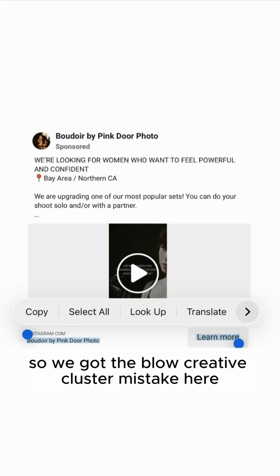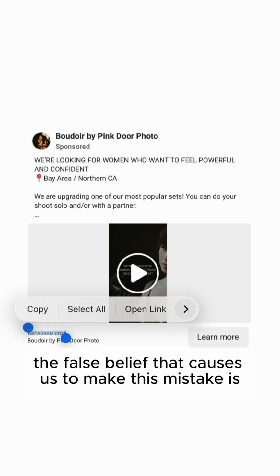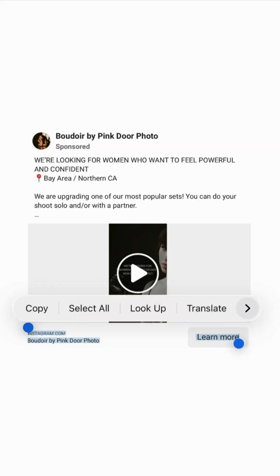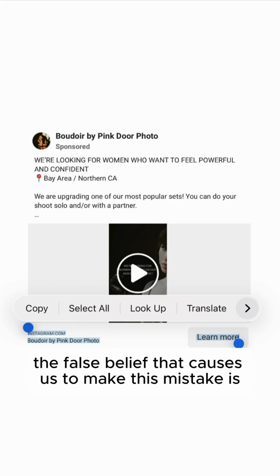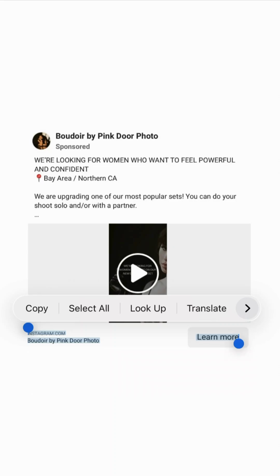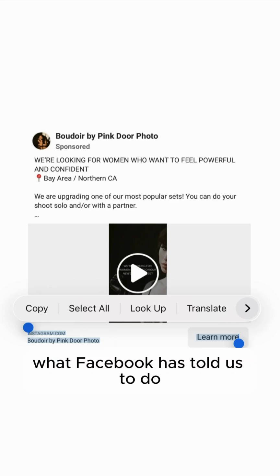So we got the below creative cluster mistake here. The false belief that caused us to make this mistake is that we're actually following what Facebook has told us to do.